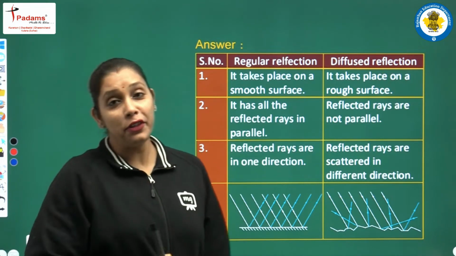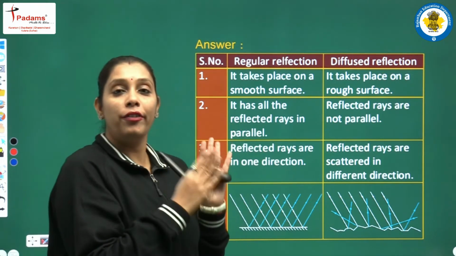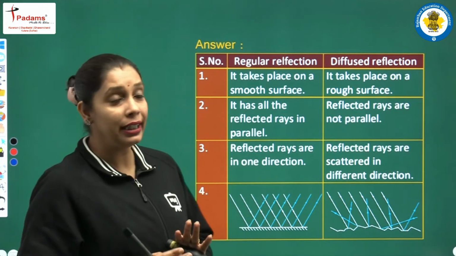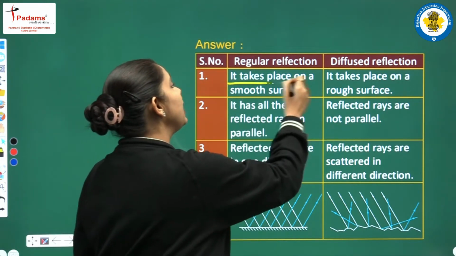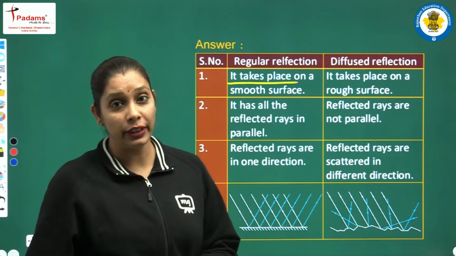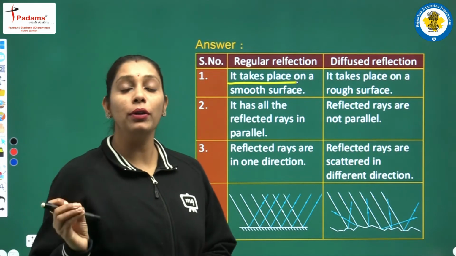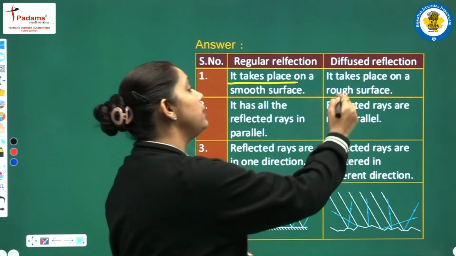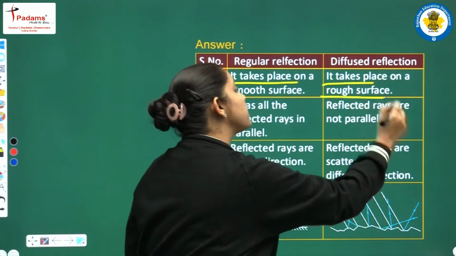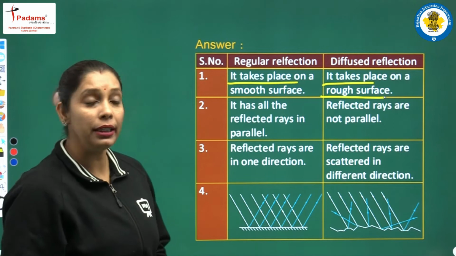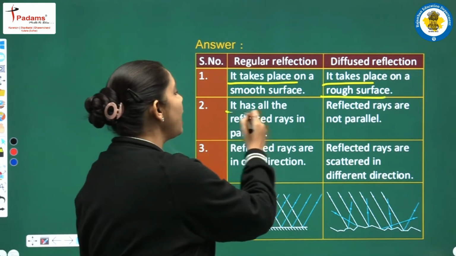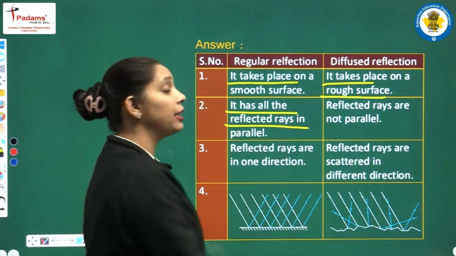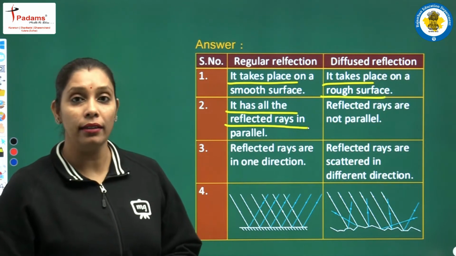So the first difference between regular and diffuse reflection is, the first one takes place on a smooth surface. Yes, for regular reflection we need a smooth surface. The second takes place on a rough surface. Clear everybody? Second, in regular reflection all the reflected rays are parallel.